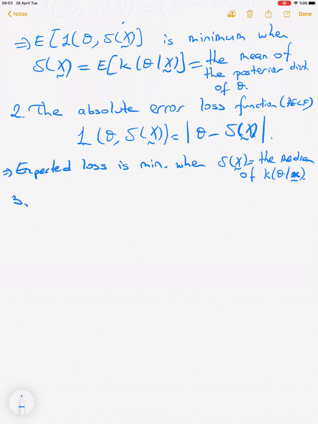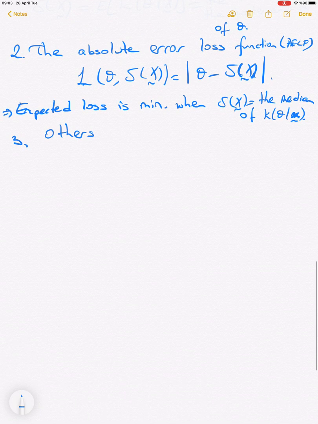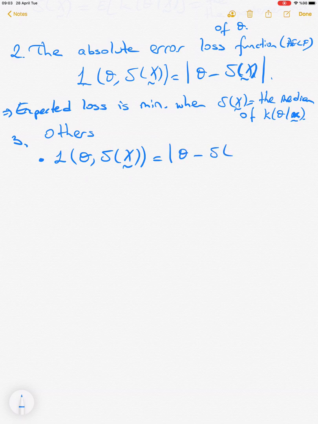There are many others, so let me mention some. I'll give just the formulas for them. One is the absolute error, but we take the kth power of the difference, with k greater than 2.